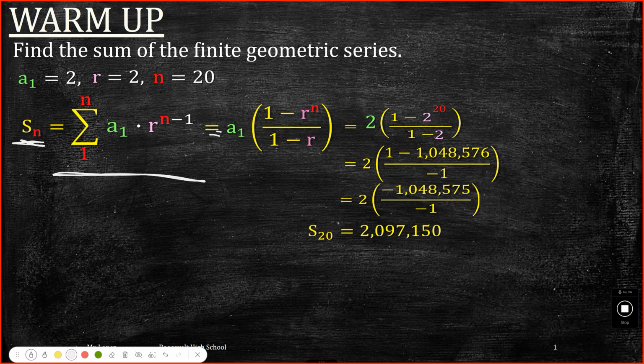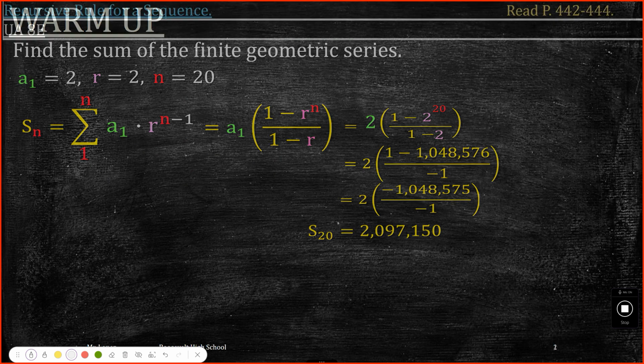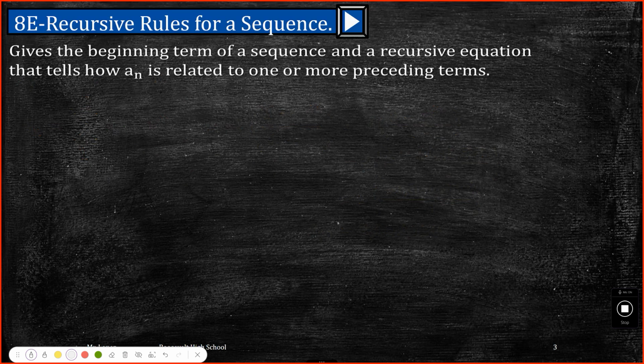Let's move on then to the last lesson for today of this chapter. Lesson 8E, recursive rules for a sequence. The recursive rule for a sequence, what are they? It gives the beginning term of a sequence and a recursive equation that tells how a sub n is related to one or more preceding terms.